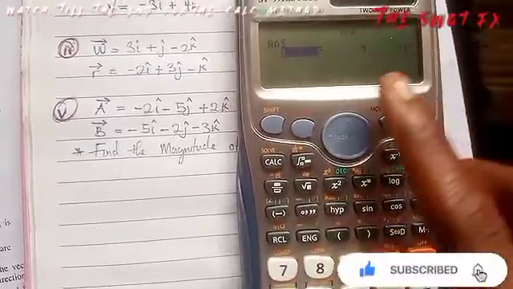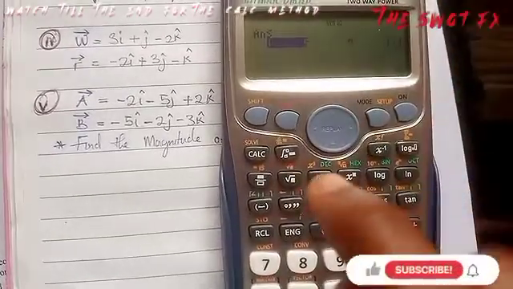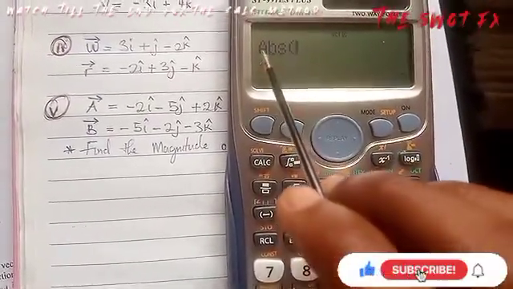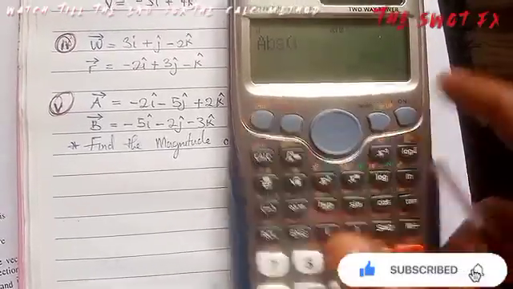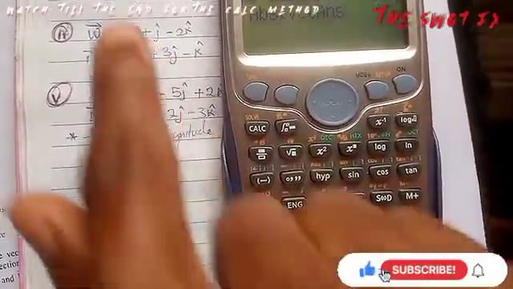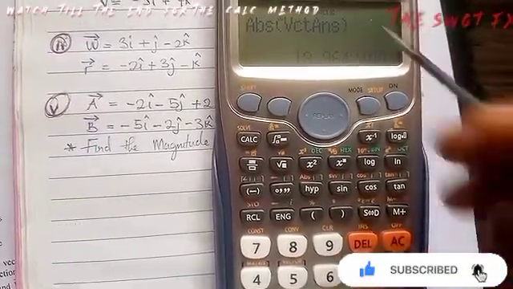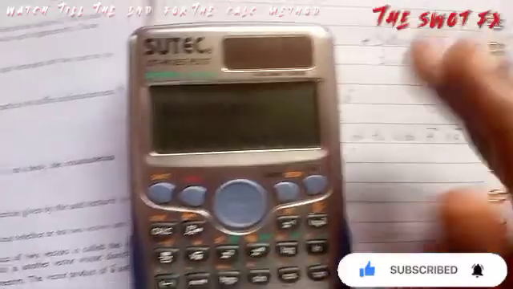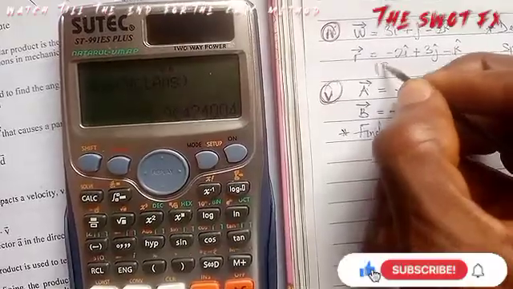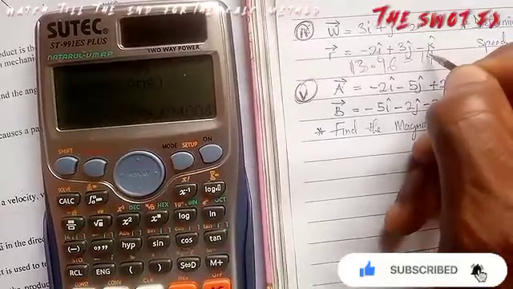Now, how do you do the modulus of a vector? This vector you just got, how do you do the modulus of it? You just press shift hypotenuse, which is modulus. Then you press shift 5 6, the answer of the vector when you multiply these two together. Then you close the bracket and press equals. So the modulus of this vector is 13.96, or approximately 14.